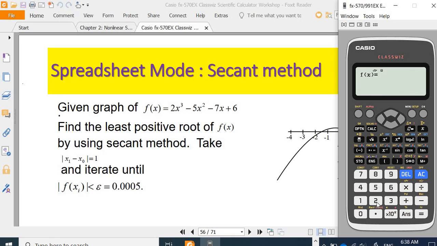To key in the variable, you use A, B, C, D, E, F, X, Y, M. Since we need x, we use the red X by pressing alpha. So x cubed minus 5 x squared minus 7 x plus 6.